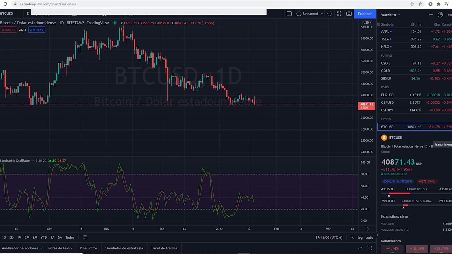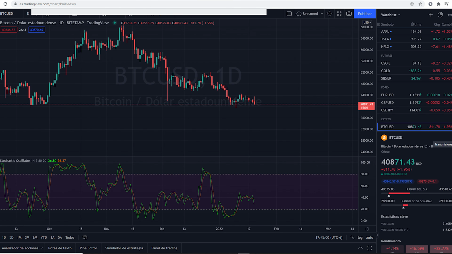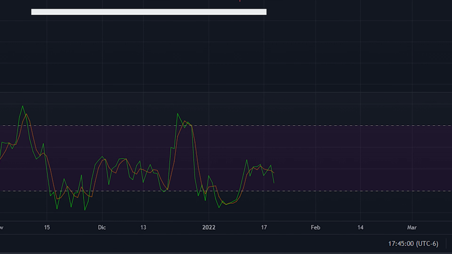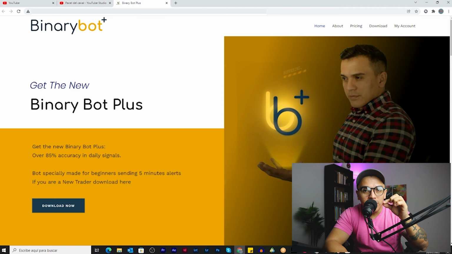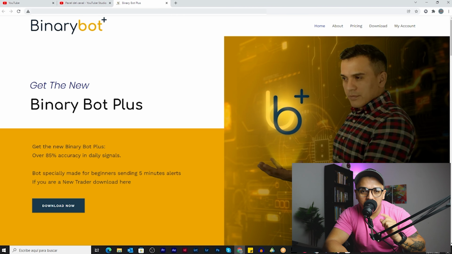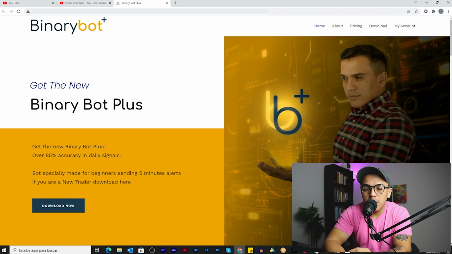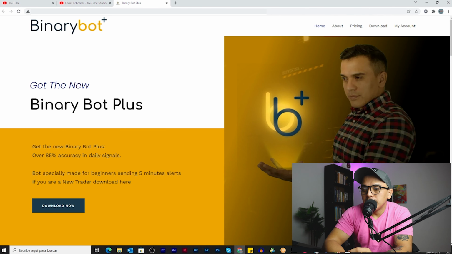When the moving averages inside the stochastic oscillator are above 80, crossing each other and going down, it is a good trade for a put. And the contrary is when the stochastic oscillator moving averages are below the period 20, crossing each other and going up, it is a good moment for a call. And if you have a good signal at that moment, take that signal, take it at that moment. It's a good moment to trade.